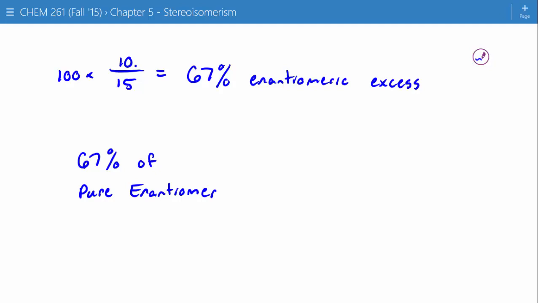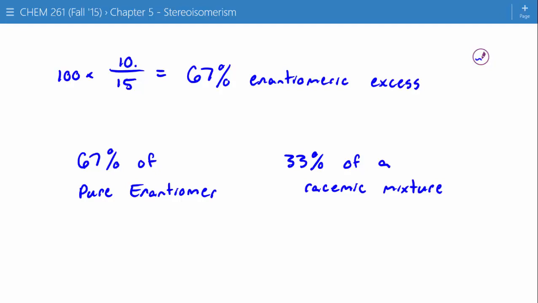It's a mixture, right? So what we would say is that we've got 33% of a racemic mixture. So we've got 67% pure, 33% is racemic, meaning it's an equal mixture of both hands.